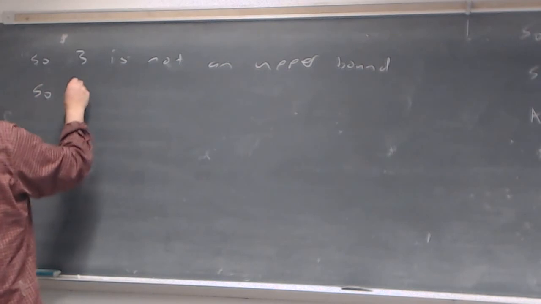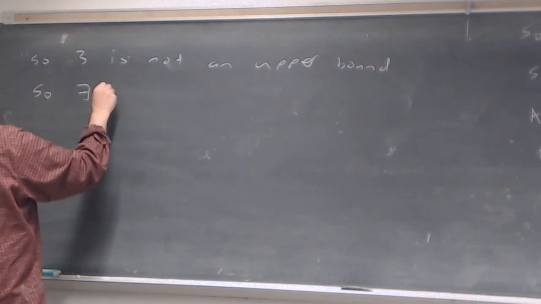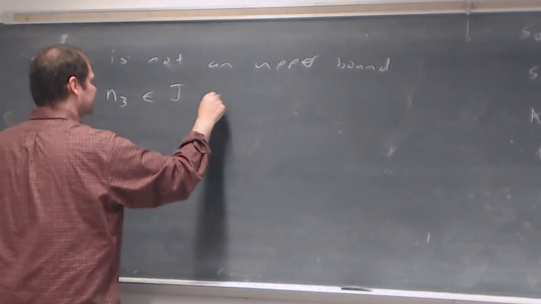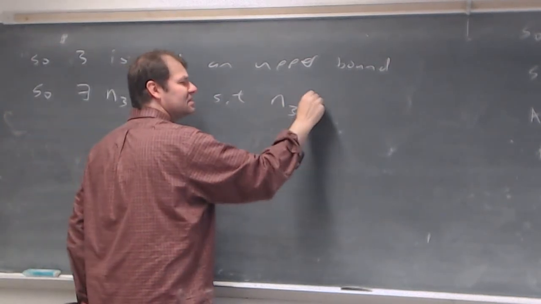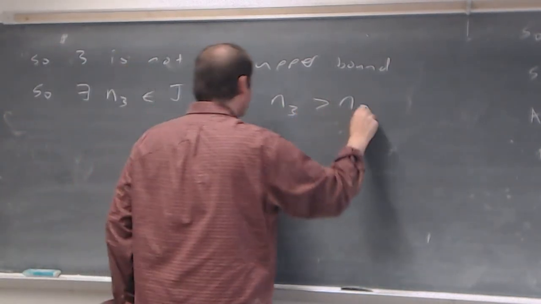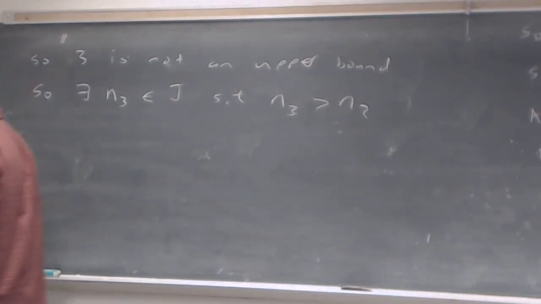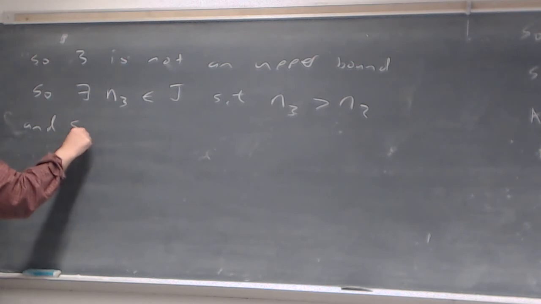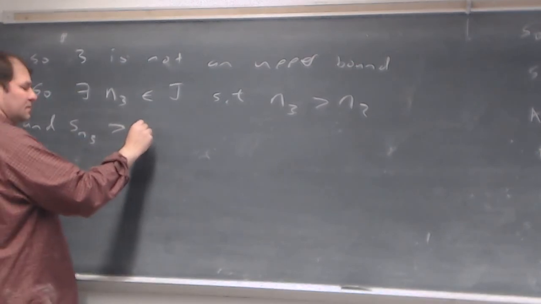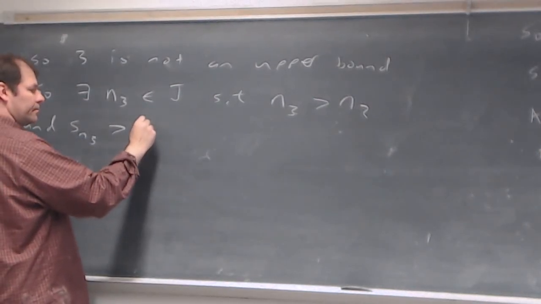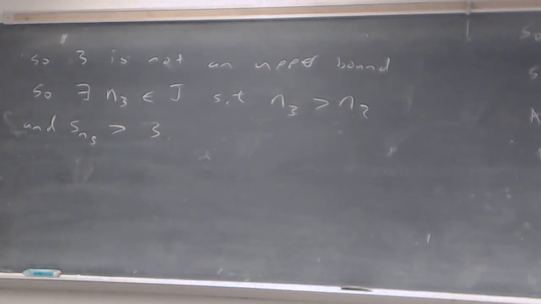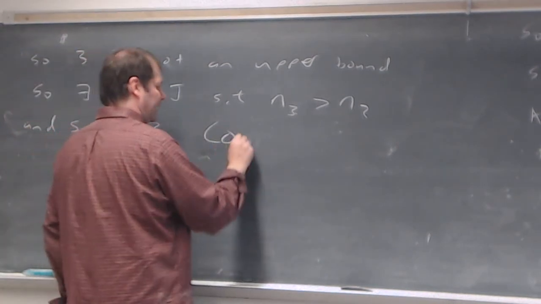So there exists a natural number n sub 3 such that S sub n sub 3 is bigger than 3. Okay. What would I say next? I'm not going to do 4. Continue this process forever.